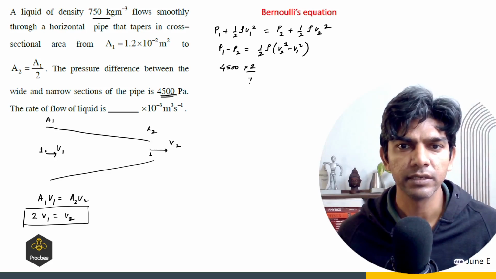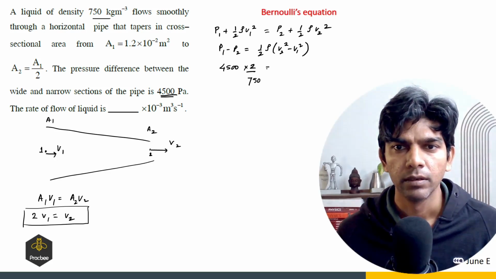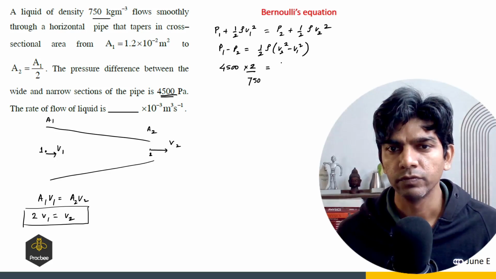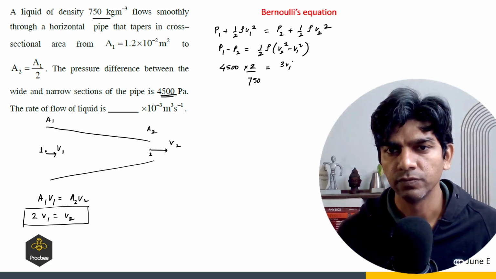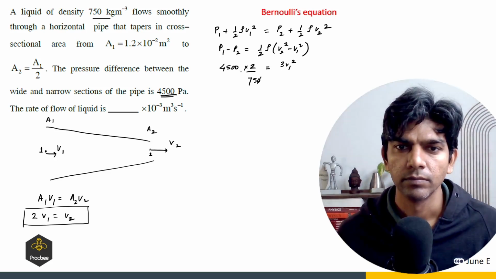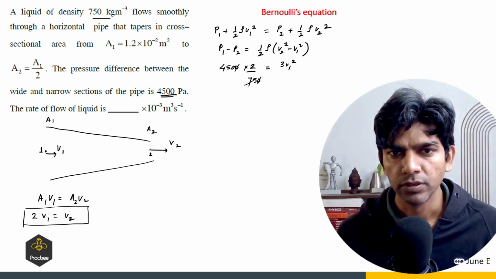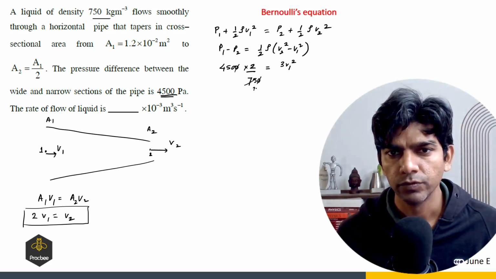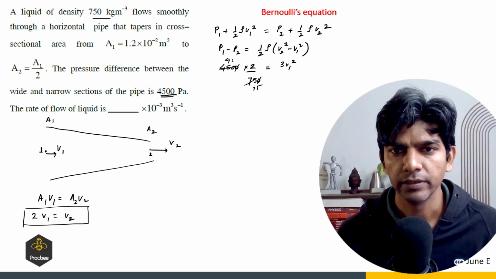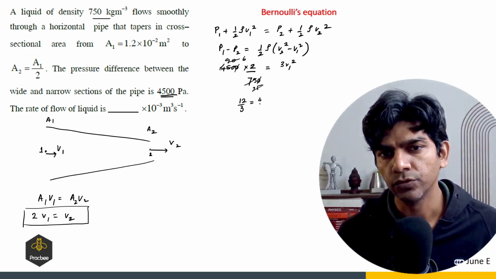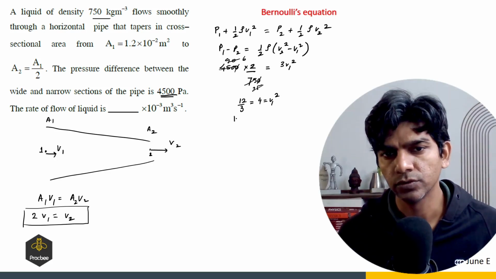It's liquid, it has a density 750, and V2 can be written as 2 times V1, so it will become 3 times V1 square. So this will be 15 and this will be 90, or we can say 6, so it comes out to be 12 by 3, which is 4. So V1 square is 4, so V1 is equals to 2 meters per second.